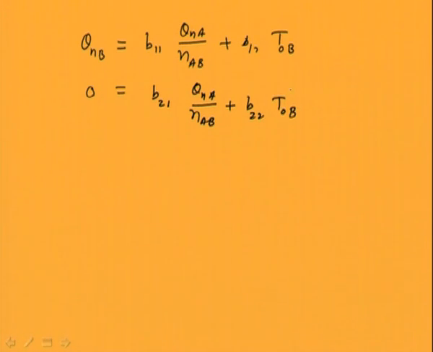Now you can see that from this second equation we can obtain the torque at 0th station. So this is B21 divided by B22 theta NA by gear ratio AB. So this expression we got, which is the torque at 0th station of branch B. And from the first equation we can substitute this here, so that we can eliminate the theta naught B from the first equation.